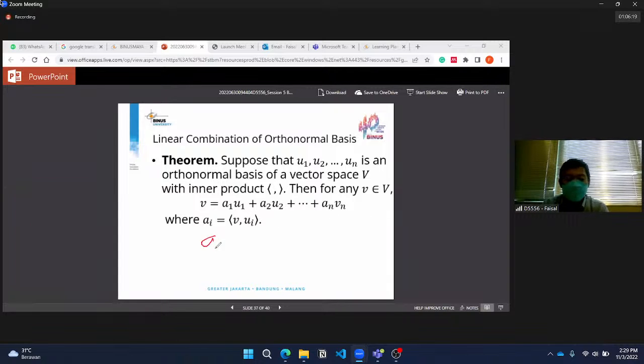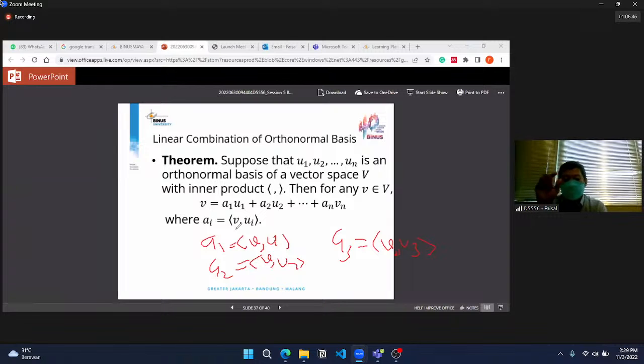So A1 is the inner product of V with U1, A2 is the inner product of V with U2, and A3 is the inner product of V with U3.